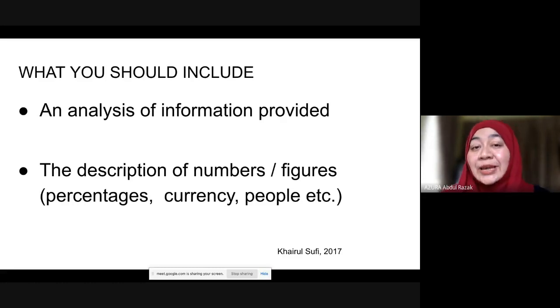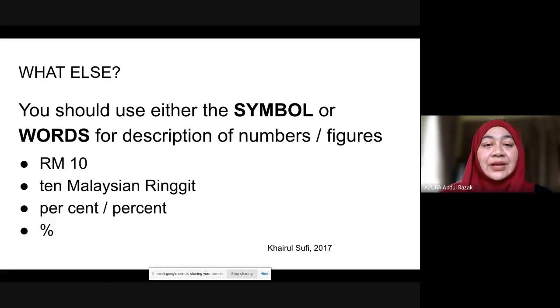We will go more in depth into this, don't worry, I'm just touching upon this right now. You should also use either the symbol or the words for description of numbers and figures. For example, RM10 or 10 Malaysian ringgit, or percents. You can have it 2 words or 1 word, and the percentage sign.